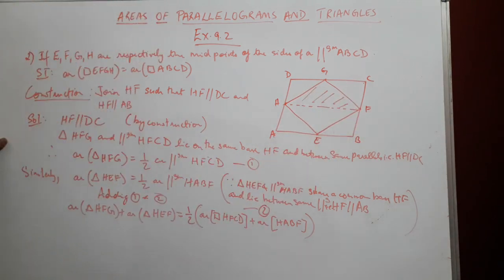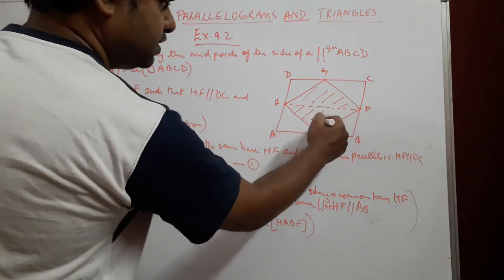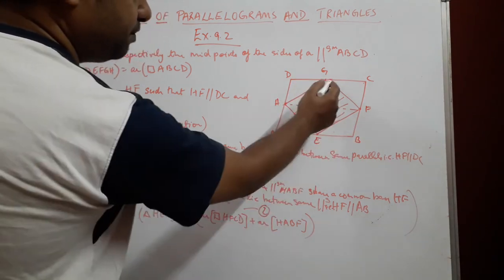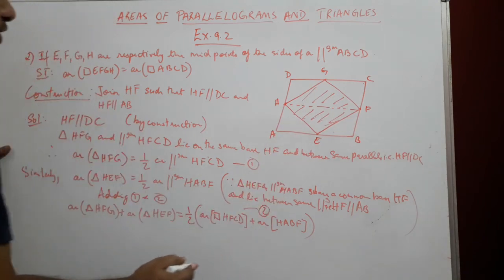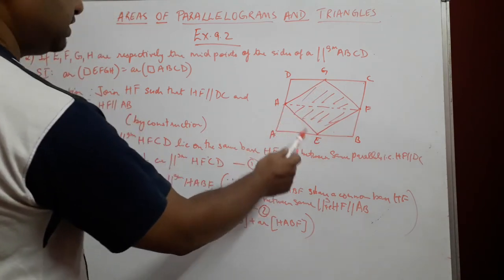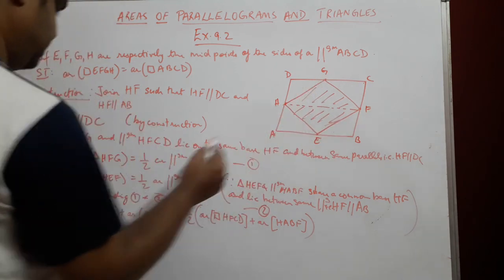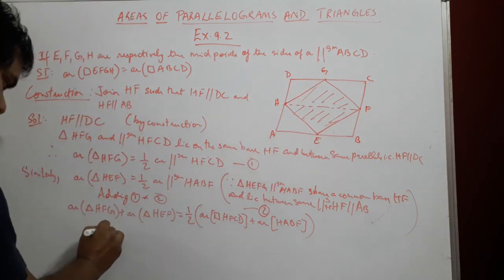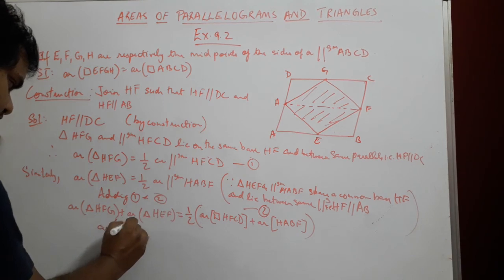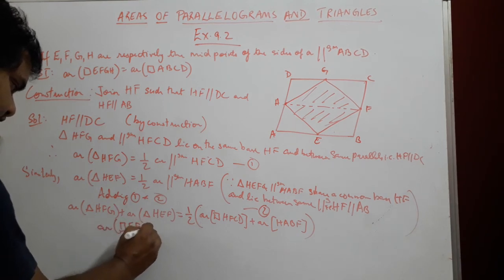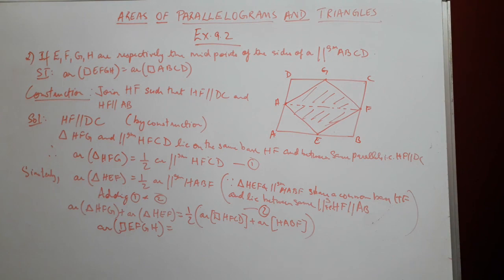And area of triangle HEF is this part. So when we add the two, we get the quadrilateral EFGH. So this is equal to area of quadrilateral EFGH.